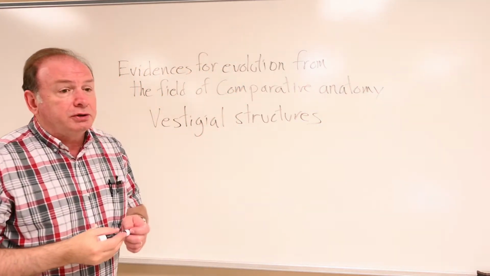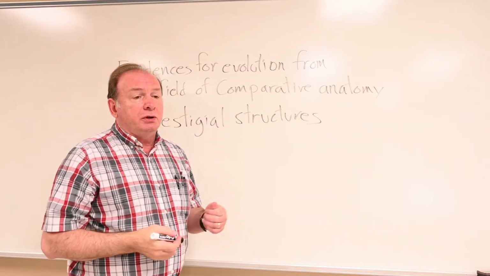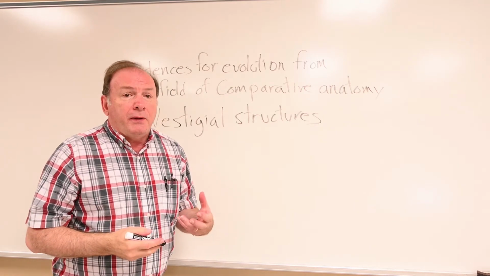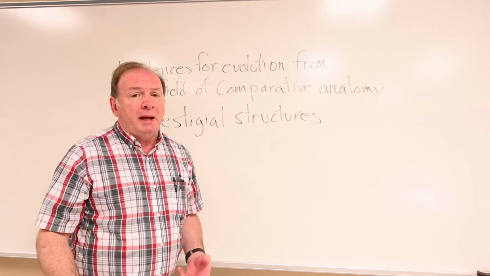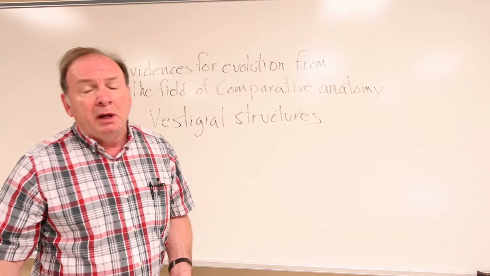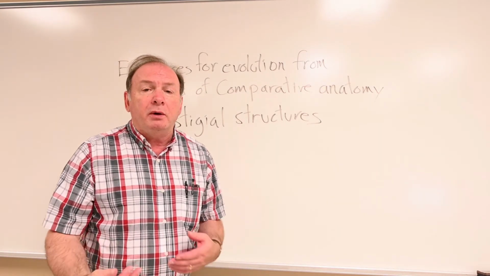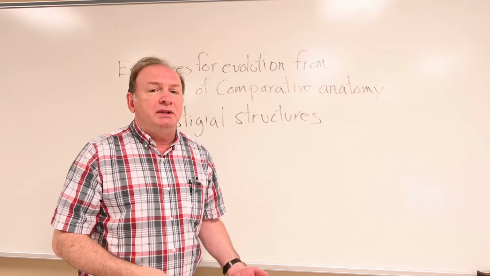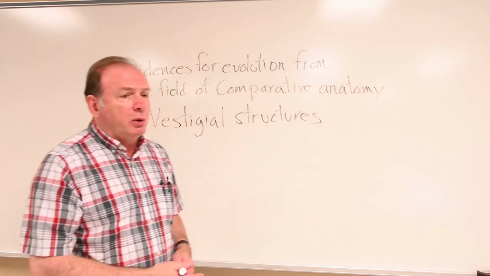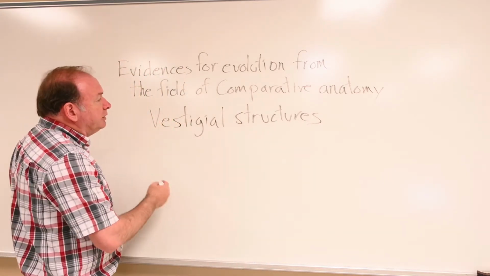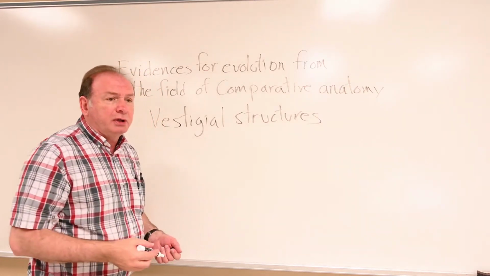Vestigial structures are anatomical features that are thought to be holdovers from some ancestral form of organism. They're no longer of any utility, or they're more trouble than they're worth, even maybe, in the existing species. So let's give a little definition to vestigial structures.